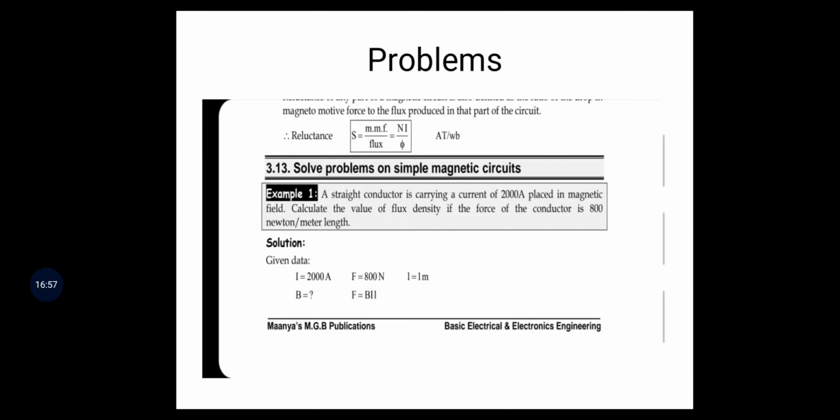Some of the problems we discuss here. A straight conductor carrying a current of 2000 amperes is placed in a magnetic field. Calculate the value of flux density if the force on the conductor is 800 Newton per meter in length. So here, what is given?